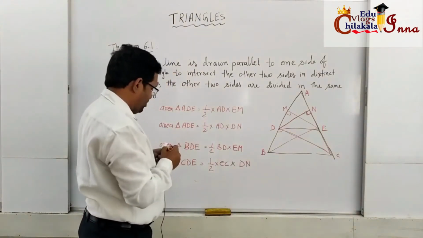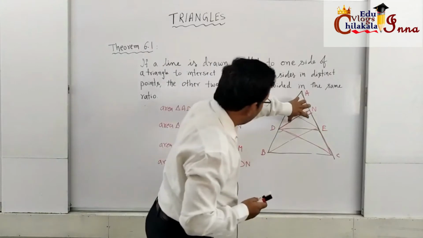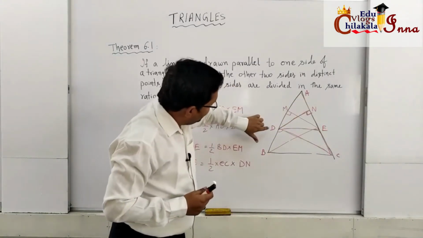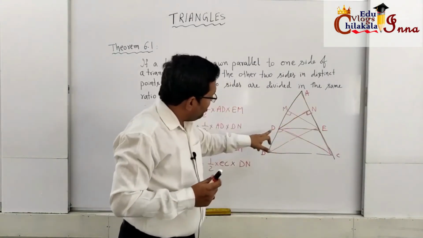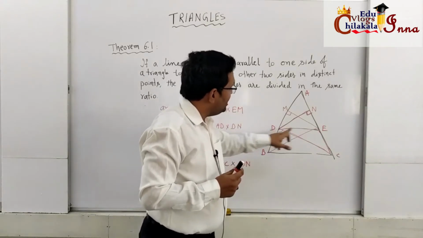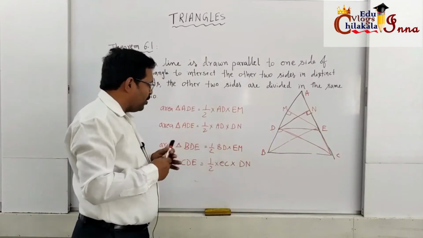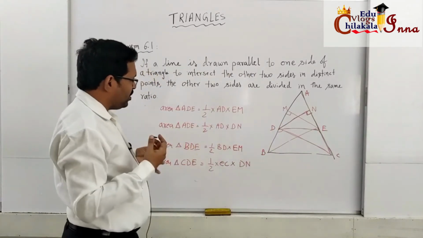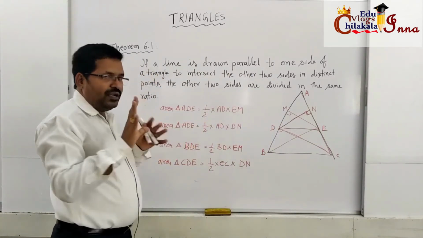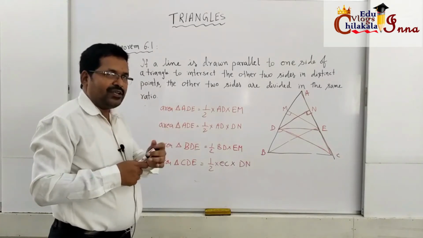Very good. So we have seen the area of the triangle ADE, the area of the triangle DBE, and also the area of the triangle DEC. So let me now give a little bit of comparison.